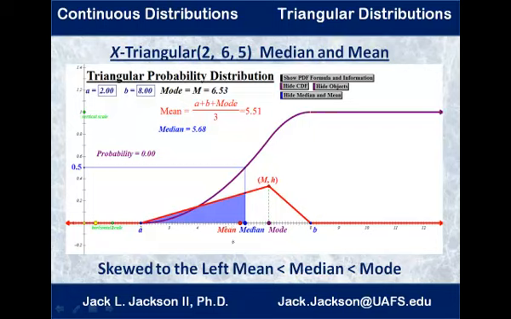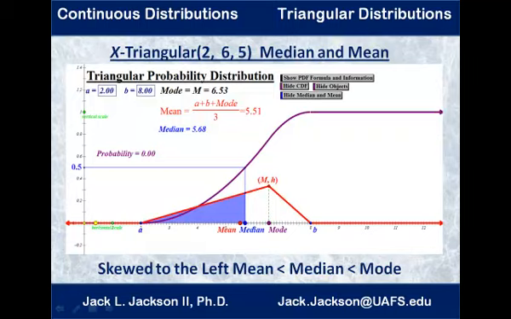Now, this one is skewed to the left. Remember, when we say skewed to the left, that means we have a longer tail out to the left side. And notice that gives us an order here. The mean is less than the median, which is in turn less than the mode in this particular example. In general, if we have a distribution skewed to the left, the mean is less than the median.